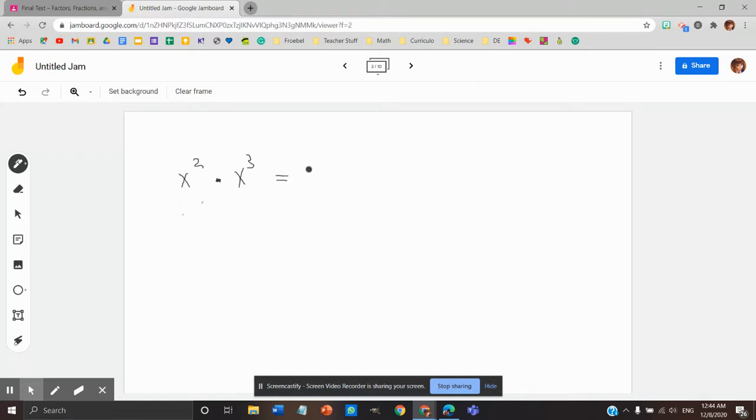Then I can just write my base and add those exponents to simplify my exercise. And how much in this case is 2 plus 3? It is 5. And that's all you really have to do. So from this, you simplified it into this.